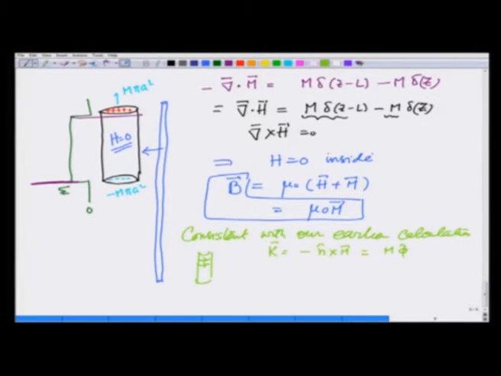So, it became like a solenoid, and that gave me a field which was mu 0 M. It is the same, except this time we have used a different technique. We have used that auxiliary field H.